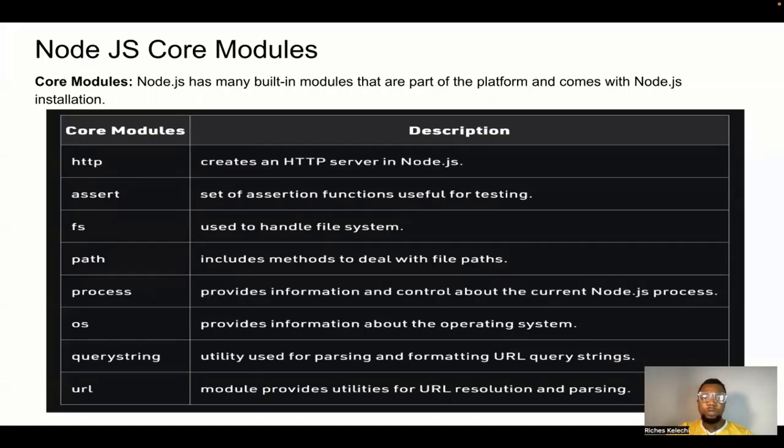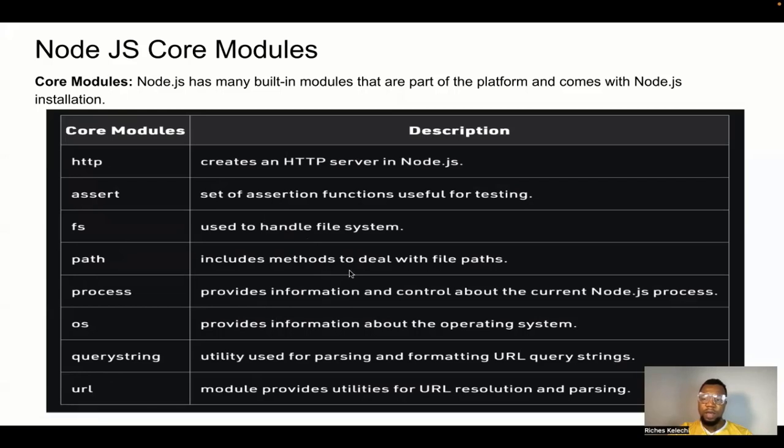Node.js has many inbuilt core modules that are part of the platform and come with the Node.js installation. Once you install Node.js on your system, these core modules are installed alongside: the HTTP, the assert, the FS, the path, the process, the OS, the query string, and the URL.